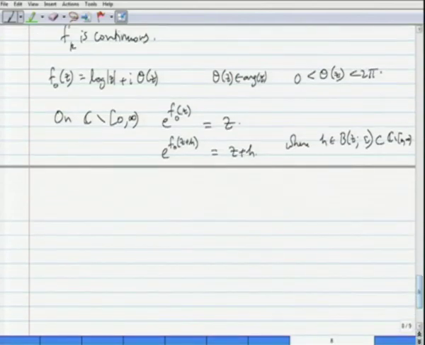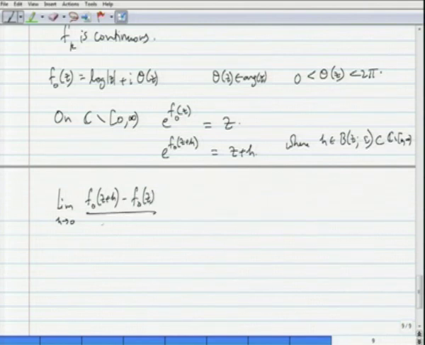So that is true. And then the limit as h goes to 0 of f_0 of z plus h minus f_0 of z, divided by z plus h minus z, which is h. This can be written as the limit as f_0 of z plus h goes to f_0 of z.